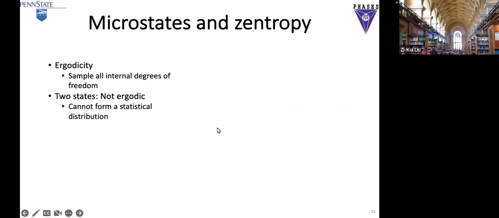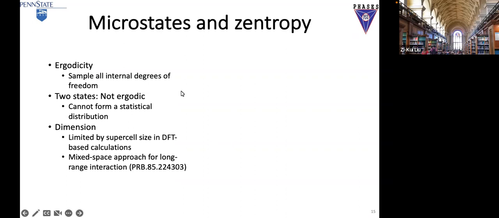Because they're not ergodic. Two states come together to form a new state, which is not covered by the previous two states. In a distribution, you cannot form a statistical distribution with two states. You have to have at least three to get a distribution. So that's a very important concept, because I see publications, and people ask the question, why not two states only? Two states is not enough because you cannot cover the ergodicity of the states.